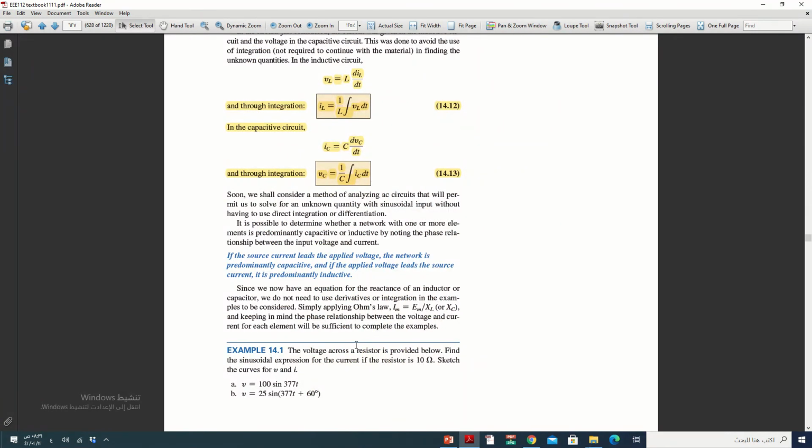Let's see some examples. The voltage across a resistor is provided below. Find the sinusoidal expression for the current if the resistor is 10 ohm. Sketch the curve for V and I. We have the voltage and we need to find the current.